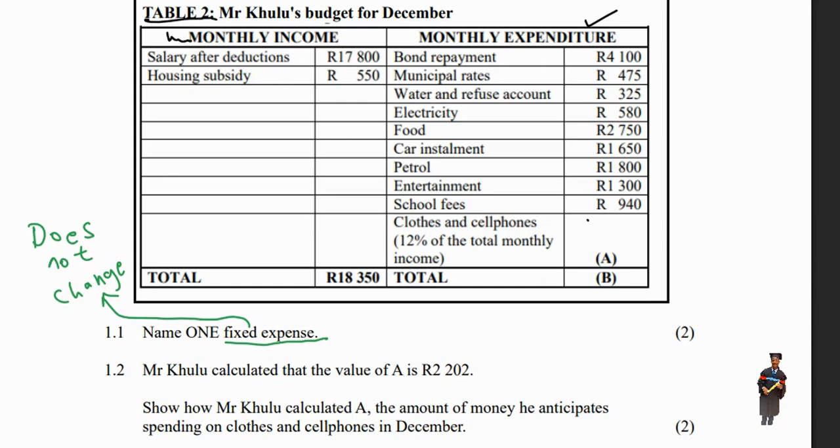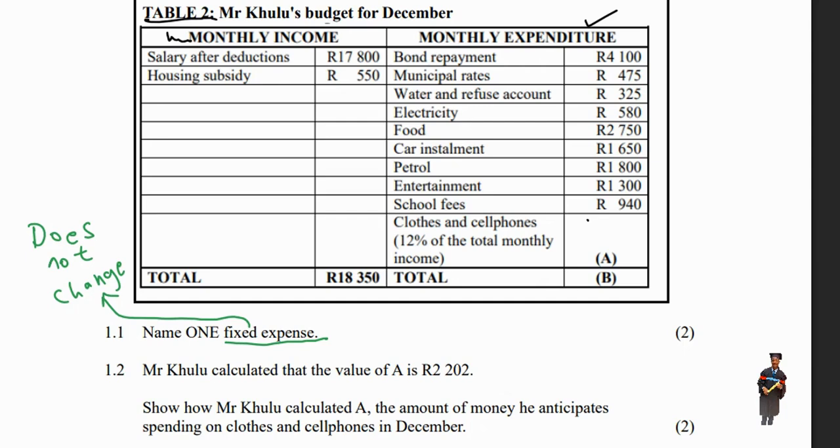Once they want you to provide or to write down a fixed expense, always look for something that is an installment. Always go for something that is an installment. When you pay an installment, the money does not change.